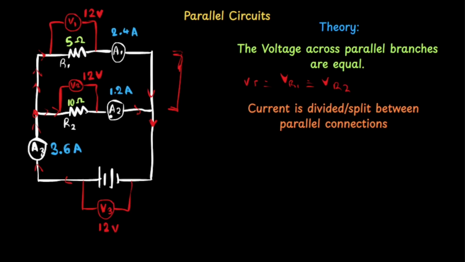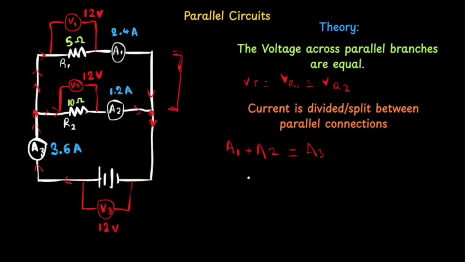Looking at the second branch that contains resistor R2, I will have 1.2 amperes of current flowing through it. Once it reconnects at this node, the current will recombine. This means that A1 plus A2 is equal to A3. So in short, the total current in a parallel circuit divides at a parallel connection.